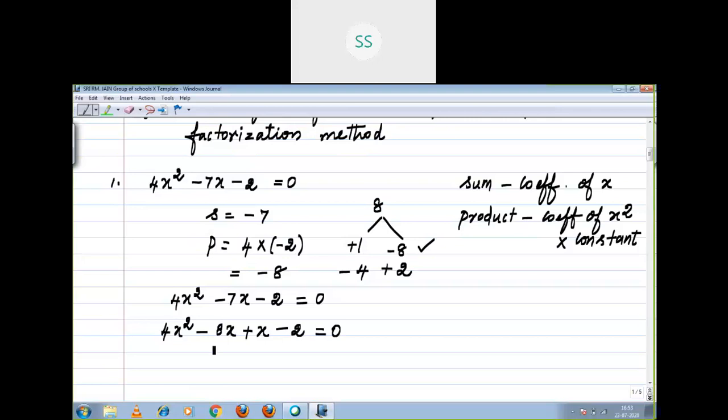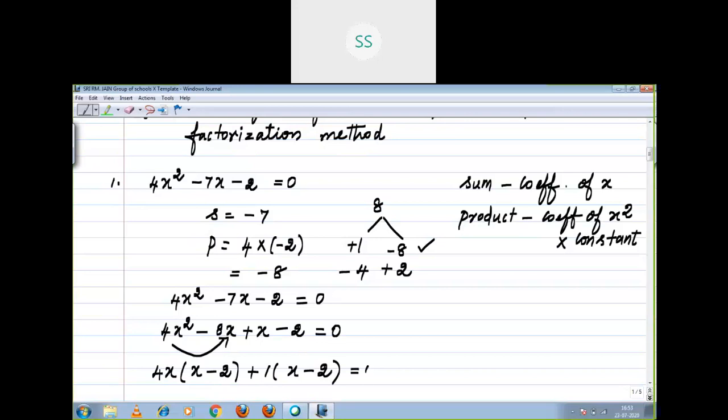Now you see, which things are common here? 4x is common. Inside the bracket, x minus 2. What you wrote here, the same thing you have to repeat again here also. If I wrote x minus 2, what should be the rest here? Plus 1, right?